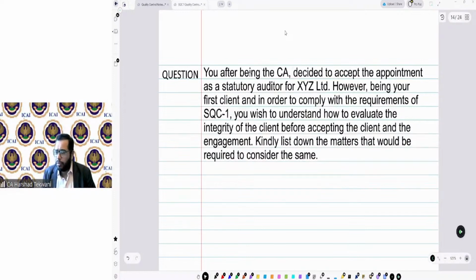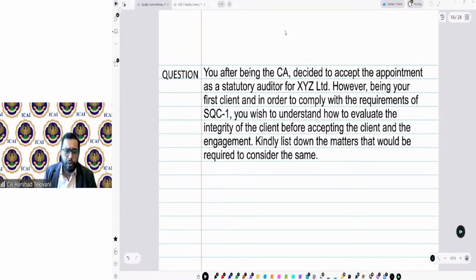Okay, good, Prajwal. Communicating with previous auditor. Good, Charu. Good, Yukta. Previous engagement details. Why they are changing the auditor. Remuneration. Kind of, yes, good. Okay. Reason for default in statutory payments.